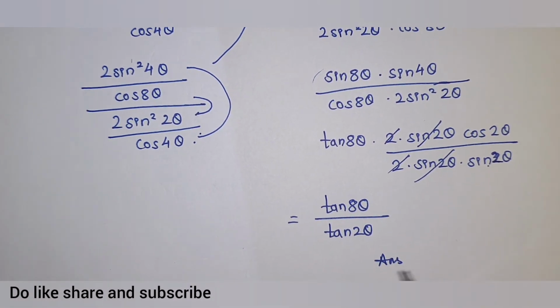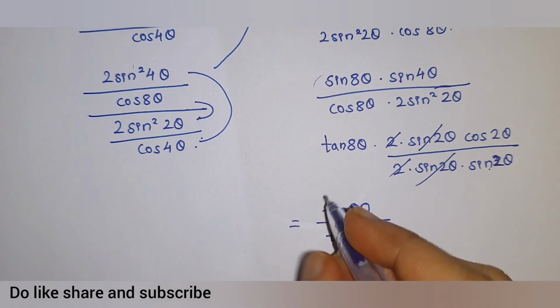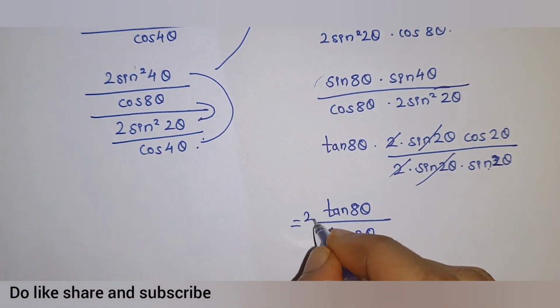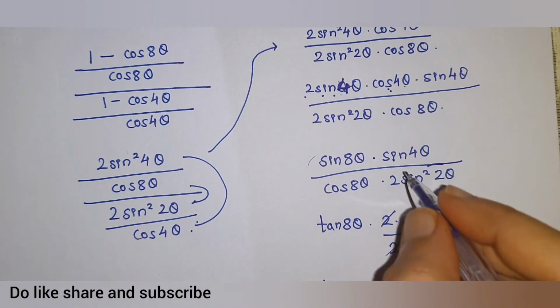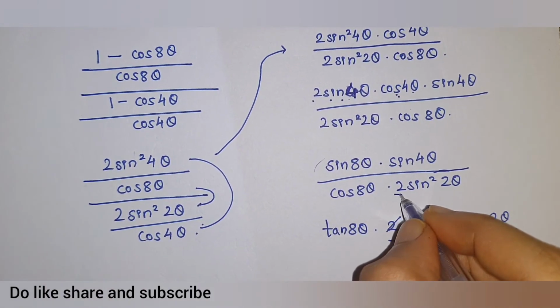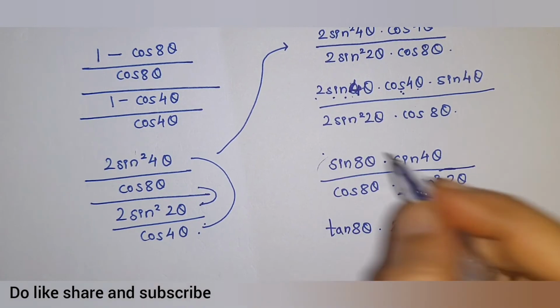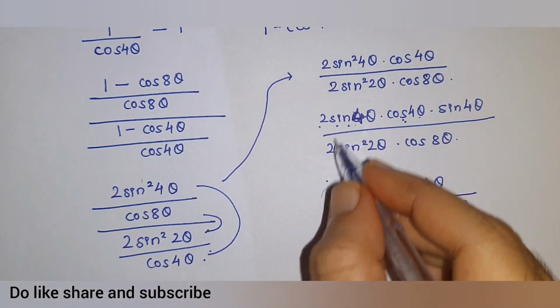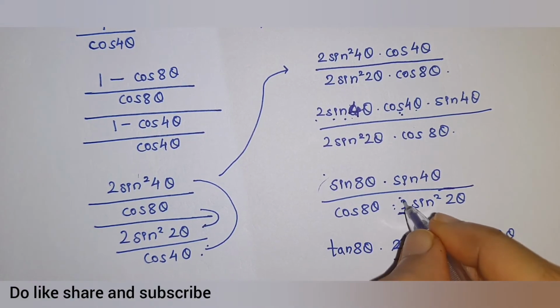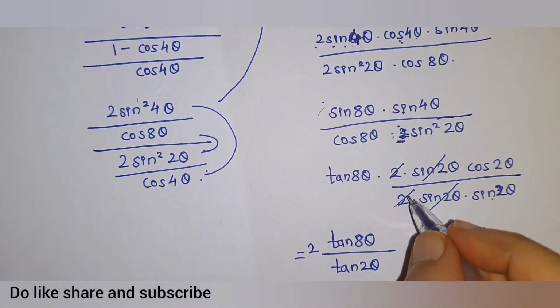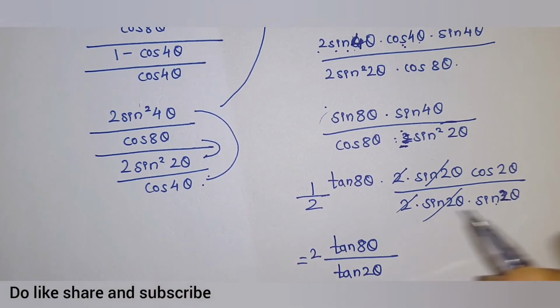Friends, we have a minor correction in this sum. Here it should be 2 into tan of 8 theta divided by tan of 2 theta. Here this 2 is cancelled from here only, so here the 2 value wouldn't come, and after multiplying we have to divide it by 2.